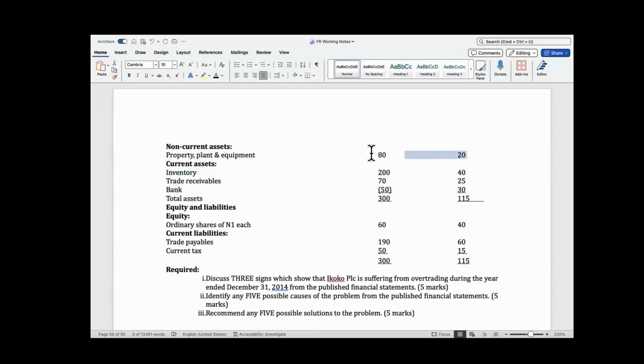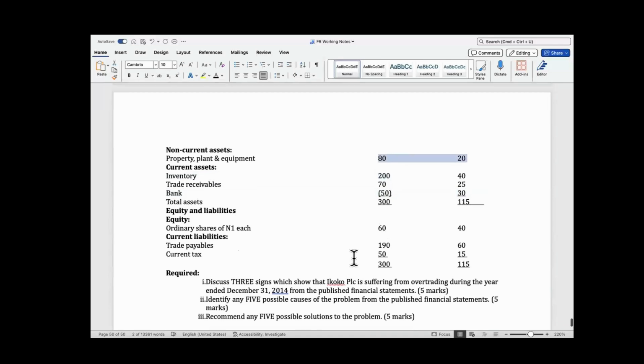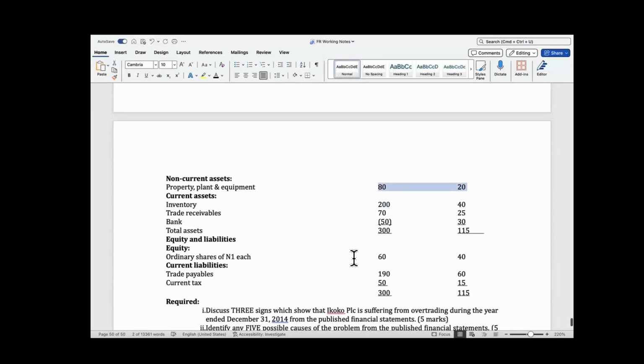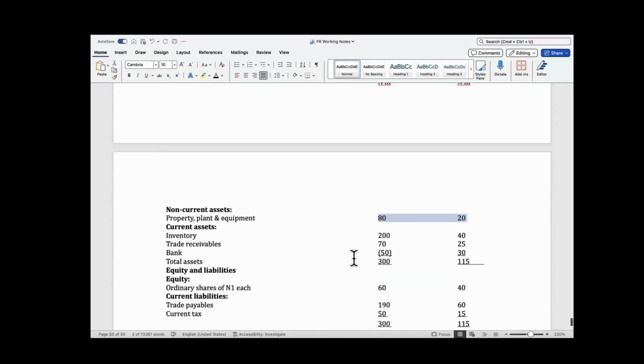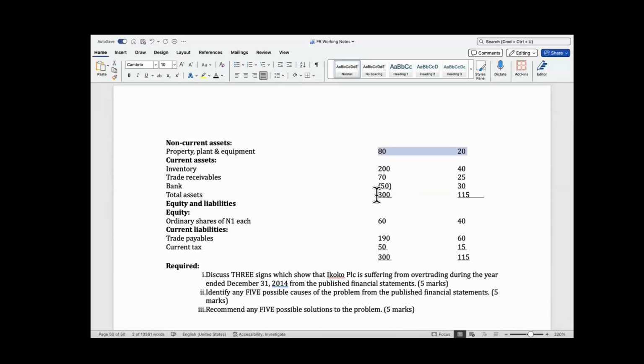It's a sign. He has invested heavily in PPE. It's a sign. But if you check his working capital, you definitely see that it will be negative. If you do current assets minus current liabilities, what is the current asset now? 200 plus 70, 270, minus 50, that's 220.